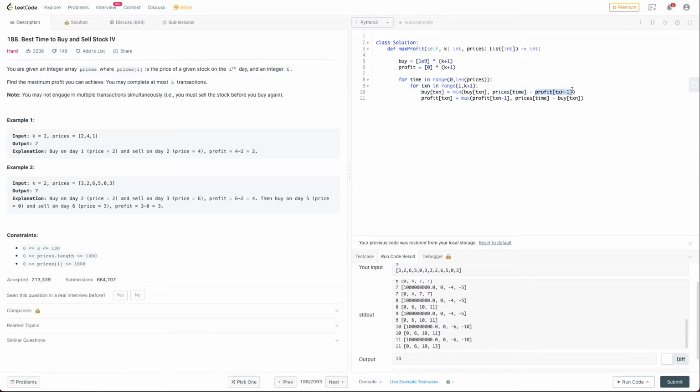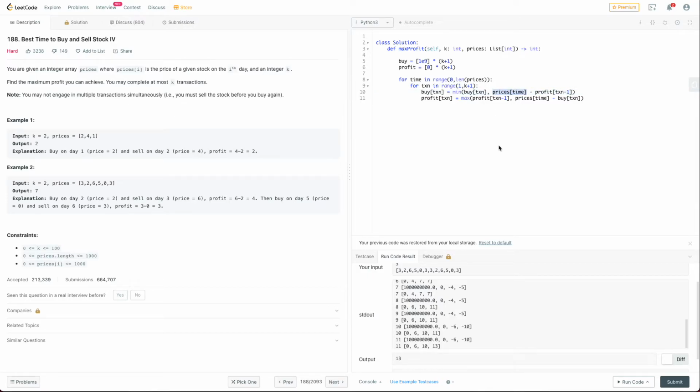Whereas if this profit was 5 and then let's say this was 0, then your buy price is at quote unquote -5, because later on, let's say this price was 0 and your previous profit was -5, right?